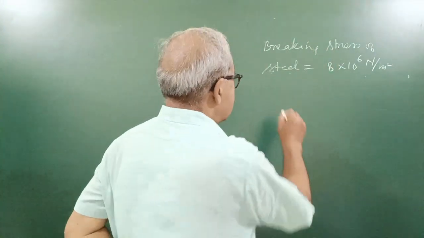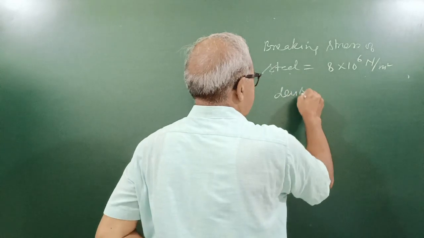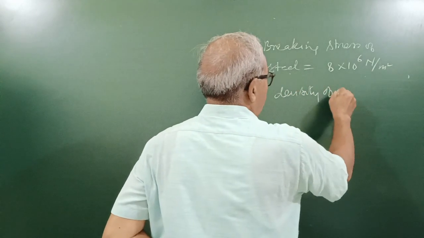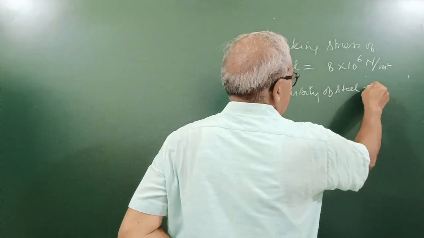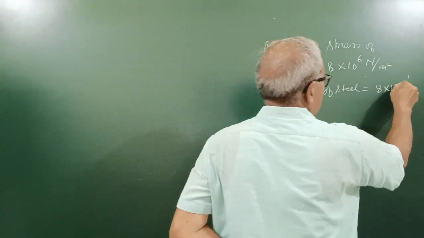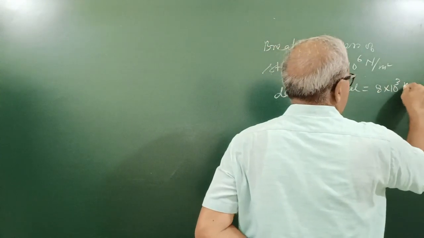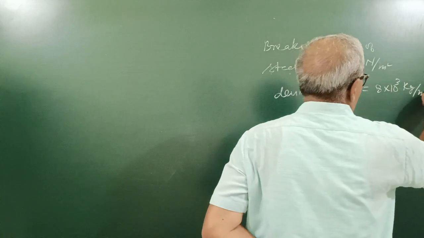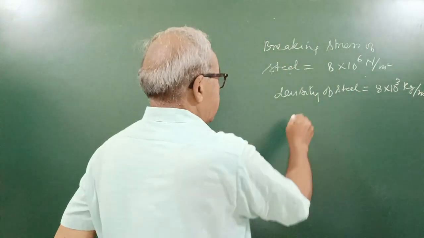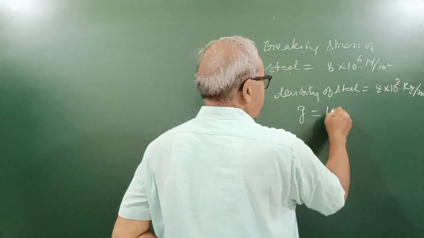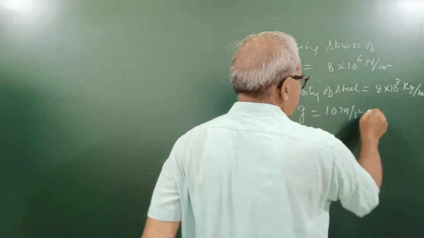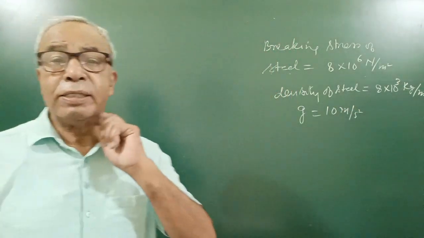Density of steel 8 into 10 to the power 3 kg per meter cube, and small g you can take 10 meter per second square. So what are you asked here?